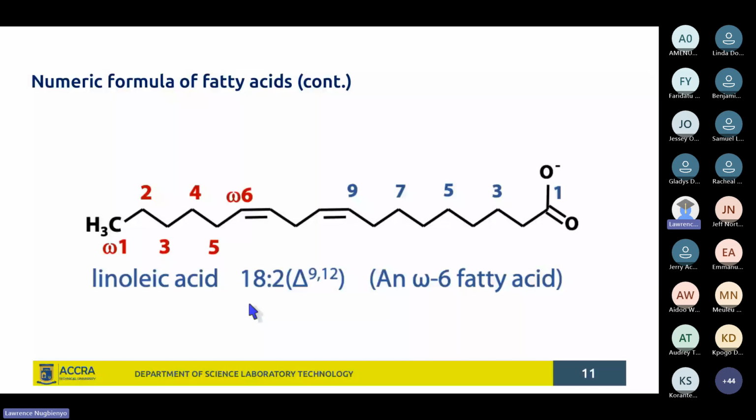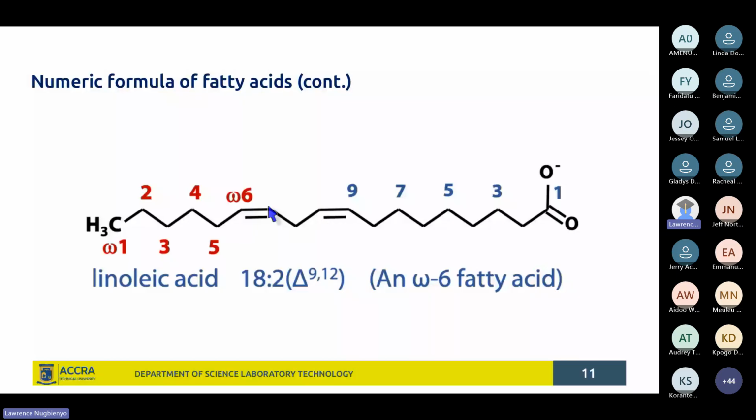So for instance, this fatty acid, linoleic acid, has the numeric formula 18:2 delta 9, 12. Because you can see clearly that it has 2 double bonds in it. The first double bond is on carbon number 9, and the second double bond is on carbon number 12.